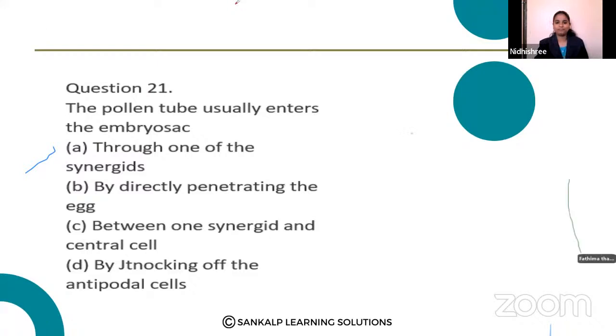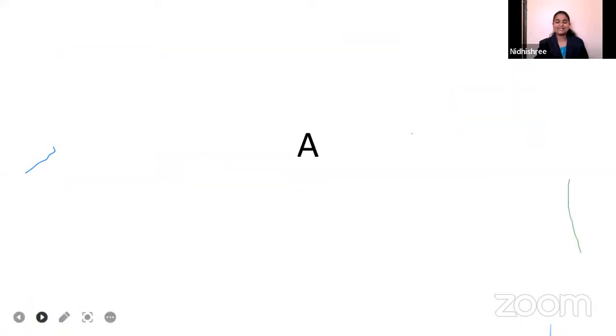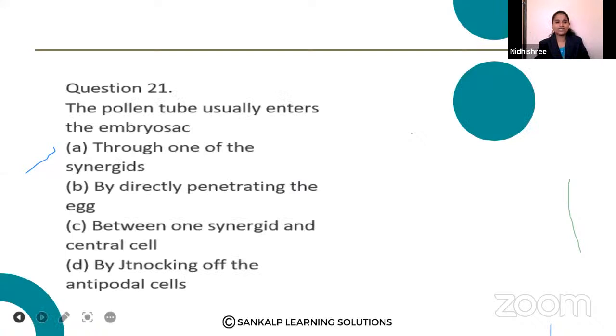Most of you voted for option A. The right answer is option A, that is through one of the synergids, the degenerated synergid.